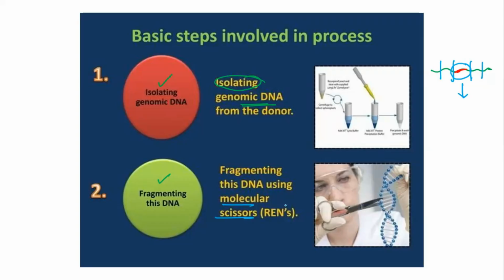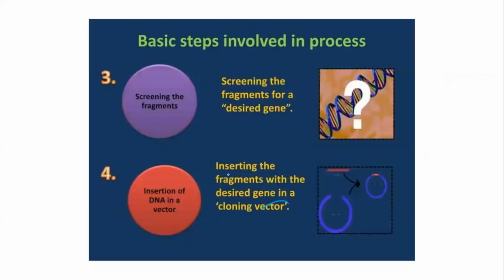That is restriction endonucleases, which is mentioned here, REN. You can compare this diagram here. It is not exactly like this. They are using enzymes here, but that is why it is molecular scissors. It is working on the principle of a scissor, but it is a molecular scissor, not the exact physical scissors. So this particular enzyme can cut the DNA. That is fragmenting.